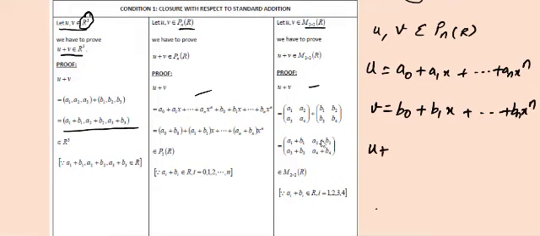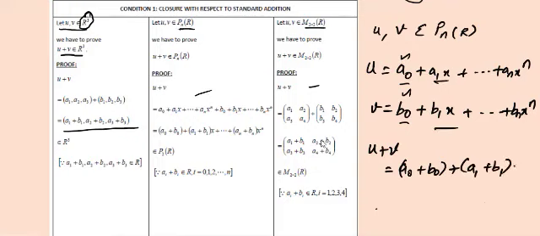So what will u plus v be? We will be adding coefficient wise. The constant coefficients here are a0 and b0, so I should add those, and taking x common, I will get a1 plus b1, and so on. It's very simple algebra, right? We are just adding 2 polynomials. When adding 2 polynomials, we add the coefficients of x.